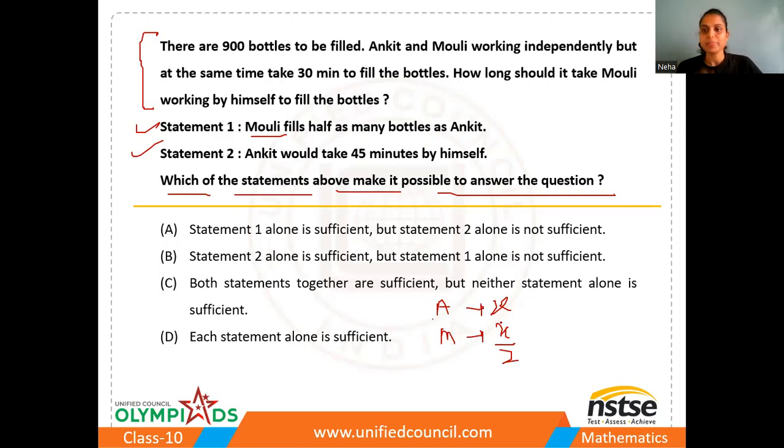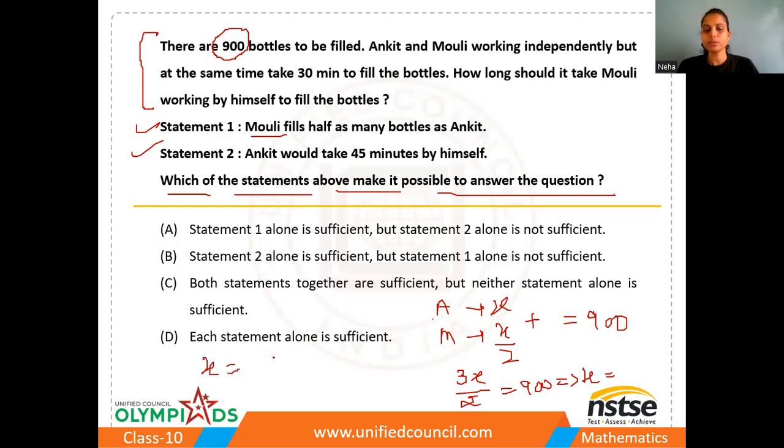Now, how many total bottles are there? X plus X by 2, and X plus X by 2 should be equal to 900. X plus X by 2 is 3X by 2, and 3X by 2 is equal to 900. That means what is the value of X, my dear students? X is nothing but 600.